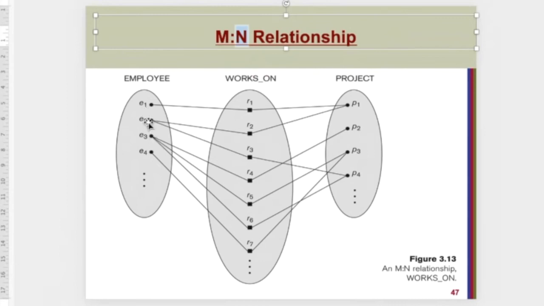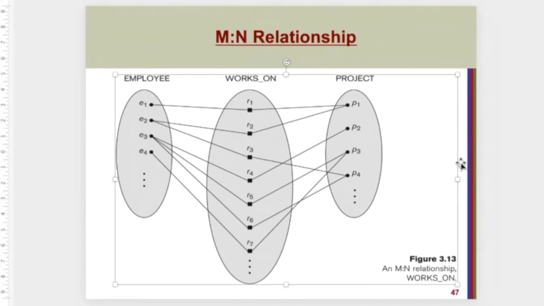Employee 2 is working on how many projects? 2 projects. Employee 3 is working on how many projects? 3. And project 3, how many employees does it have? 2 employees. So sometimes it is 1, sometimes 2, sometimes 3. If it counts 1 and more, we say many.